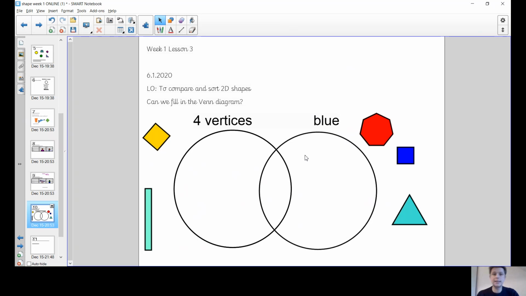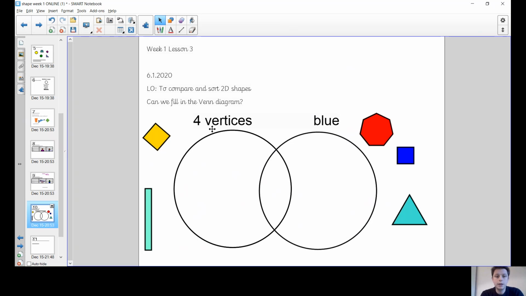Now, hopefully you can see that one of the differences is that a Venn diagram uses circles. 2 circles in this one. We've got 2 big circles, but they overlap in the middle here. So there's a space here where both circles are on top of each other. So we've got different categories for each circle. This one on the right is for shapes that are blue.